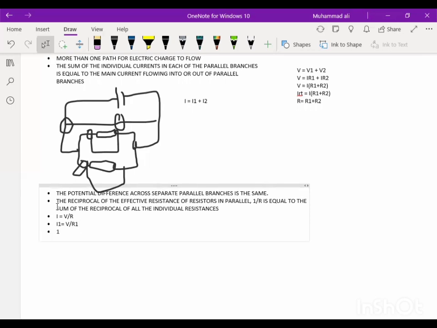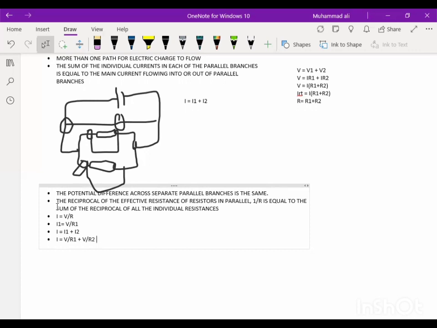So for example, I know firstly that I is equal to I1 plus I2, right? First of all. Secondly, I know that if I replace I1, that is going to be V upon R1 plus V upon R2, right?